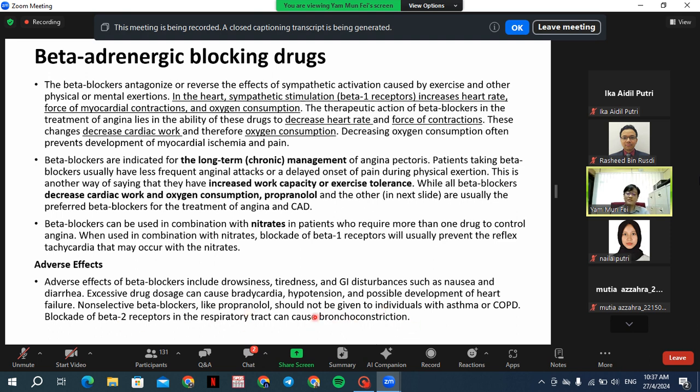The beta 2 receptor found in your respiratory tract acts to cause dilation. Once you block the beta 2 receptor in your respiratory tract, you are causing bronchus contraction, so you try to avoid that.